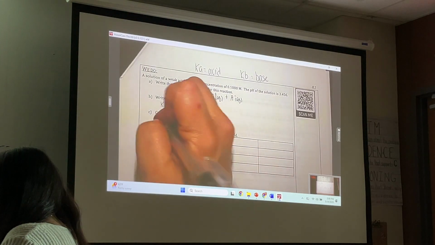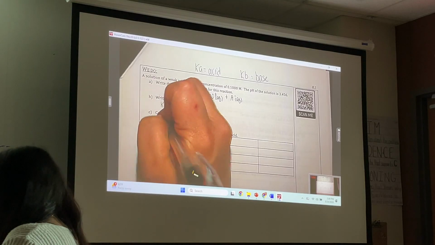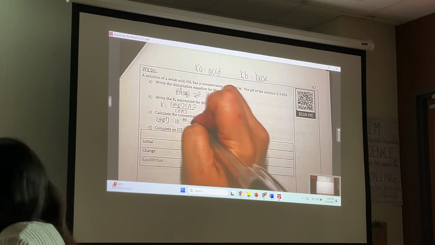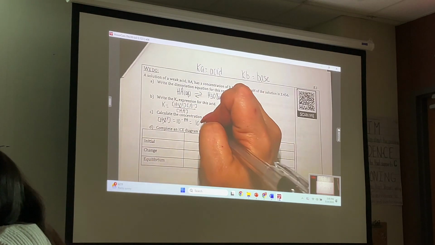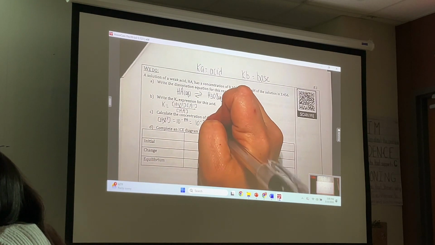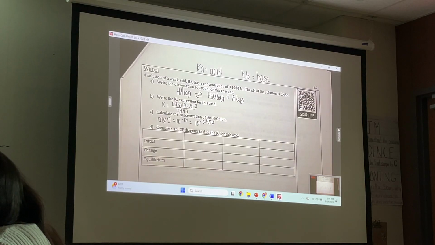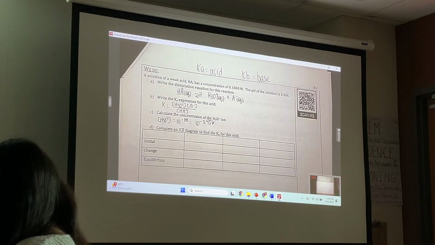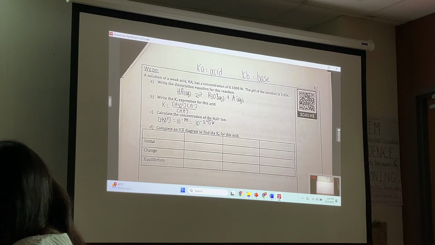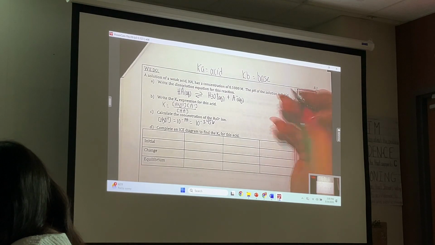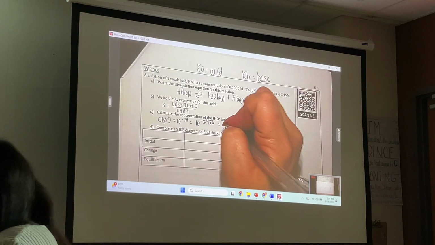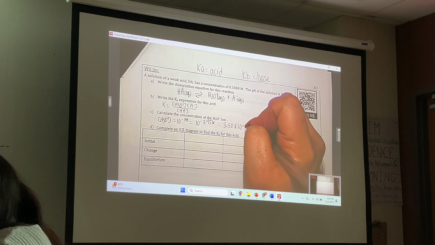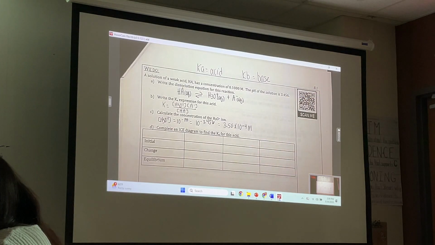So H3O is equal to 10 to the negative 3.456. I have a 3.50 times 10 to negative 4 molar concentration.